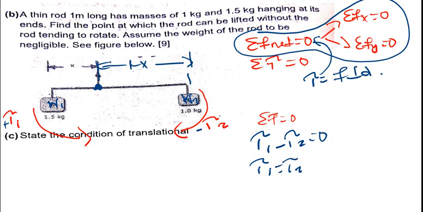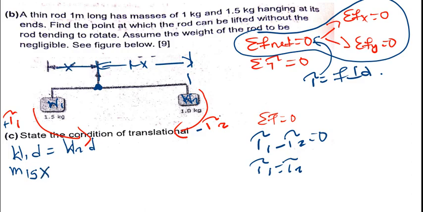So torque is force times distance. What is the force? It's the weight force. So I'll say W1 times the distance should be equal to W2 times distance. But what distance are we talking about here? And what W1 are we talking about? The W1 is M1G. The distance we are talking about, the perpendicular distance from the pivot all the way to where W1 is, is x.